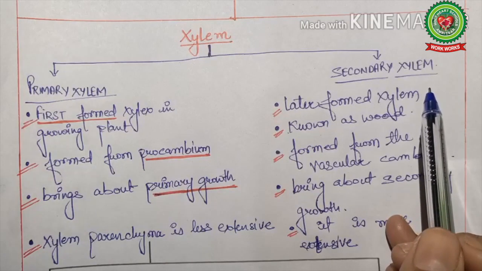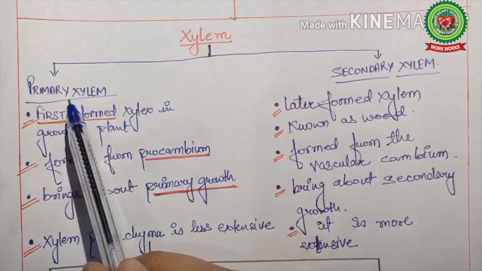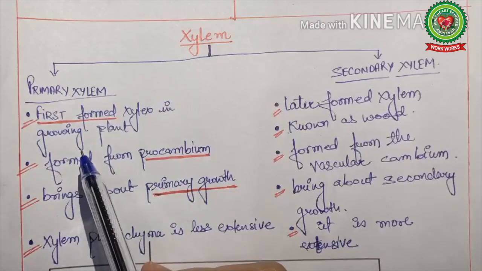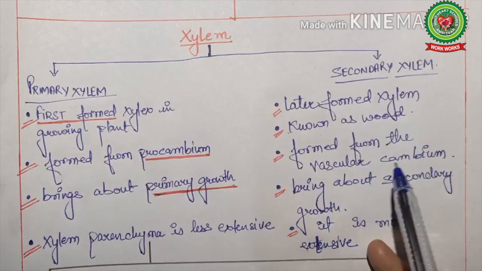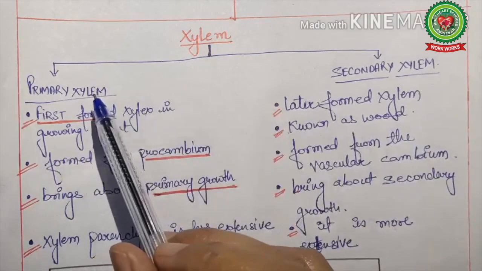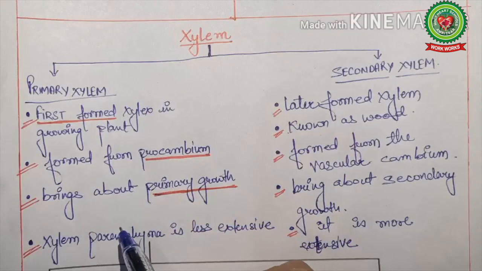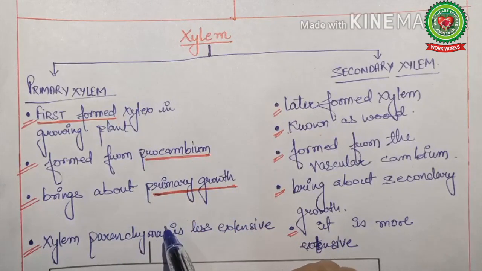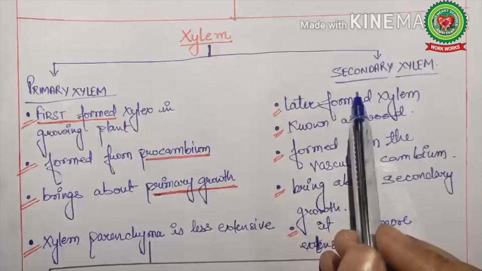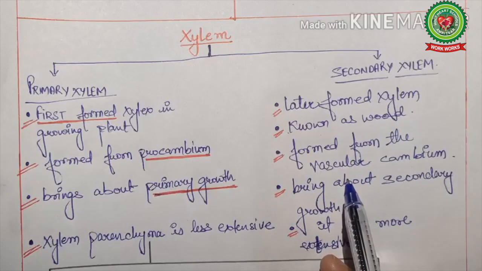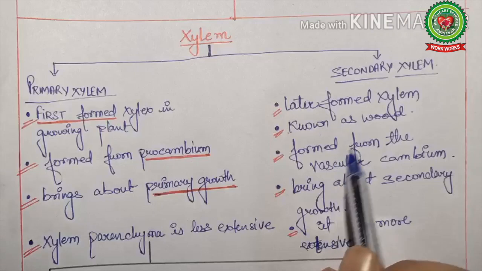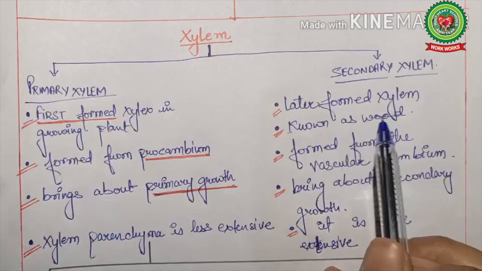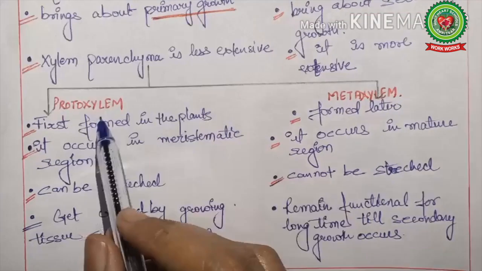Primary xylem is formed from procambium, whereas secondary xylem is formed from vascular cambium. In primary xylem, xylem parenchyma is less extensive, whereas in secondary xylem, xylem parenchyma is more extensive, as here it exists in two forms, that is ray and fusiform parenchyma.